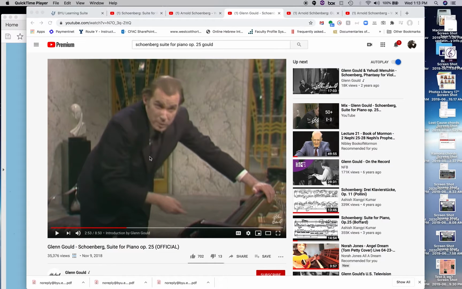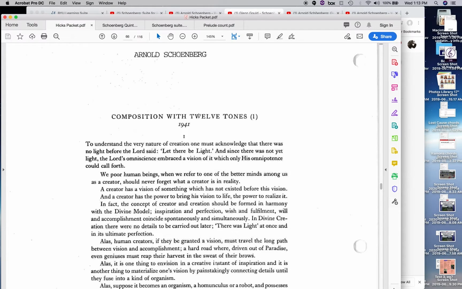Okay, we're back. Now, I mentioned that we're going to talk broadly about the 12-tone method and we're going to review the readings. I'll just say a few quick things. I mentioned that Schoenberg called it the method of composing with 12 tones that are only related to one another, that it is a method, and it's fairly straightforward.